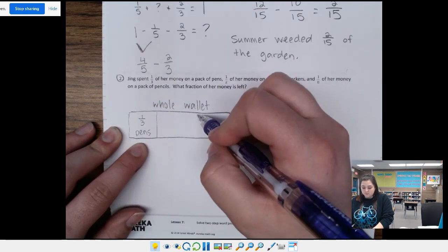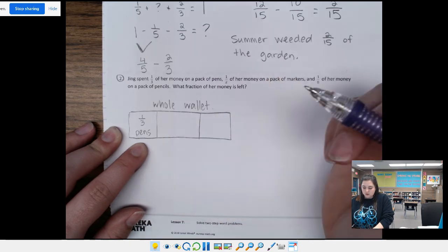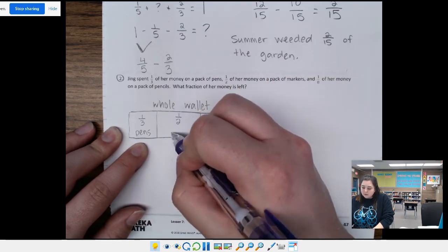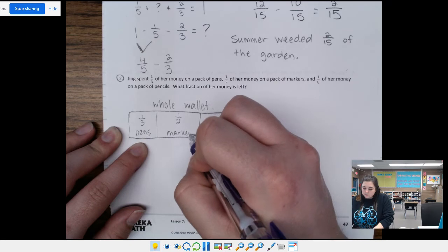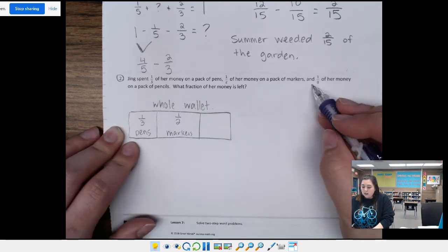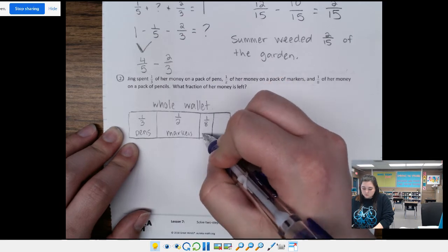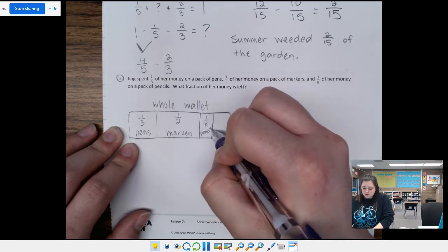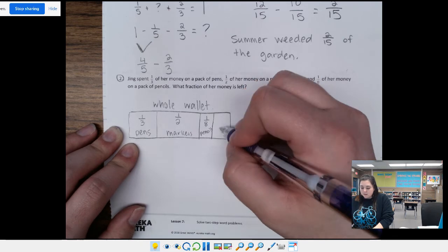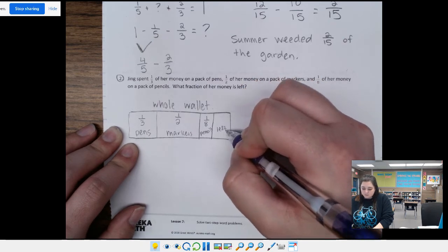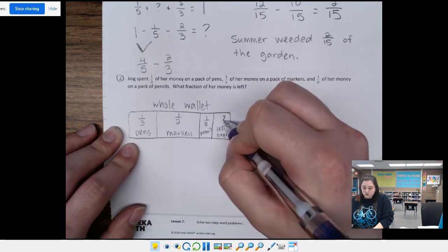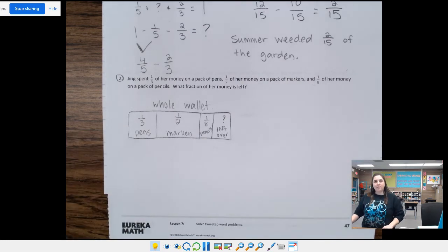Half was spent on markers. 1/8 of it on pencils. And then there was some amount left. We don't know what the fraction would be.